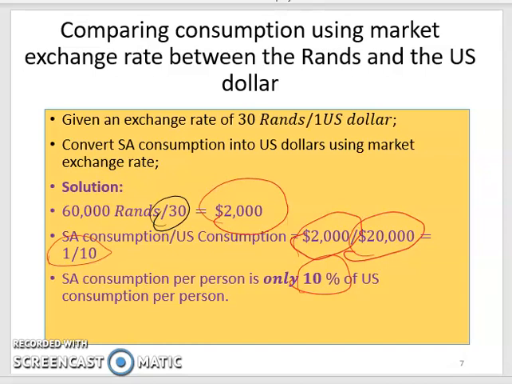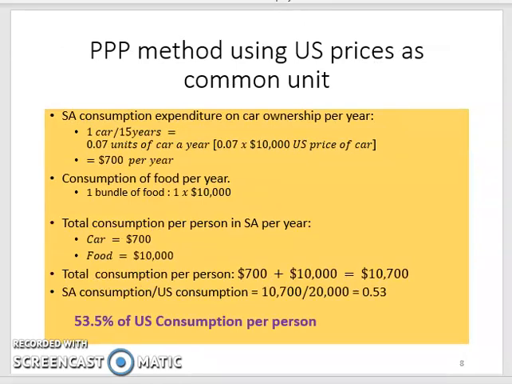So even though we know that South Africa is relatively poorer than the US, these findings are far-fetched. So when looking at the PPP method, we have to consider the fact that a South African only changes their car once in 15 years. So we need to convert the amount of expenditure on the car in each year of the 15 years.